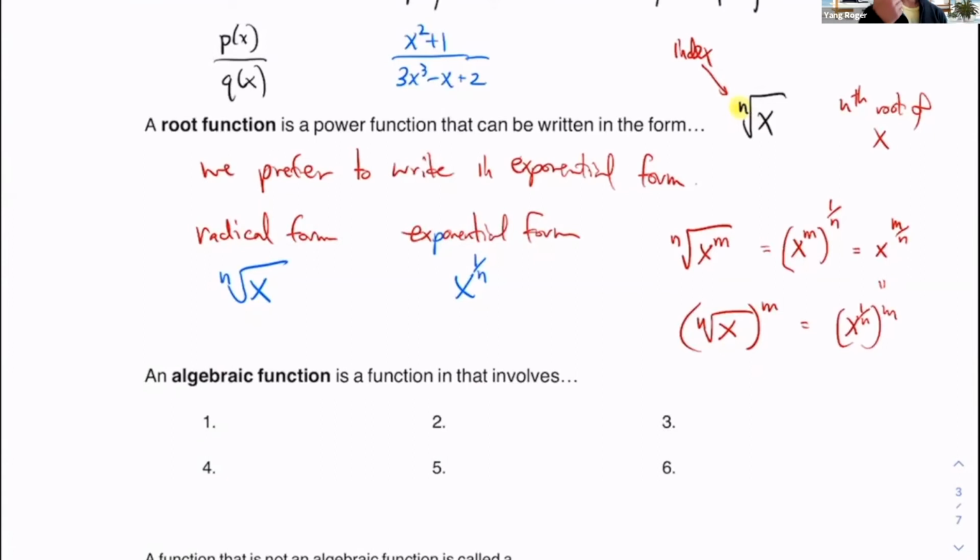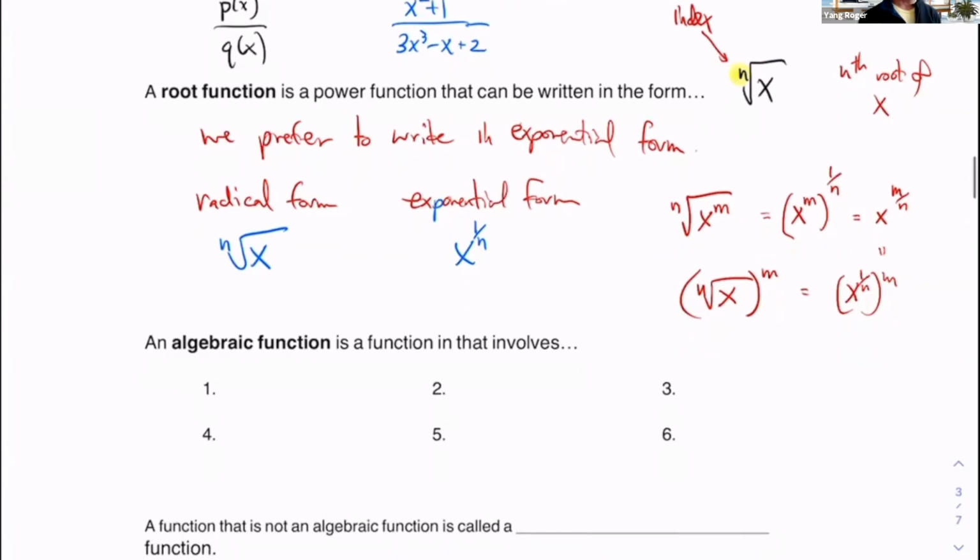We've learned now about lines, polynomials, rational functions, and root functions or radicals. If we package all of these different things together, you get functions called algebraic functions.